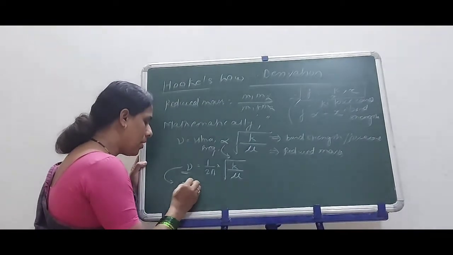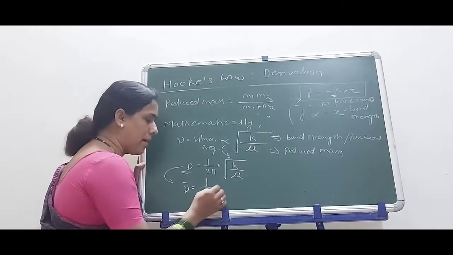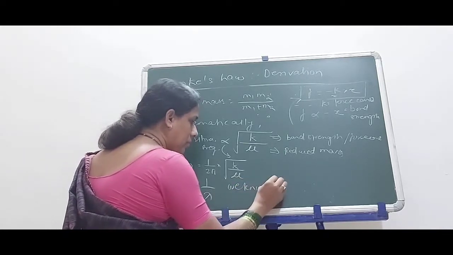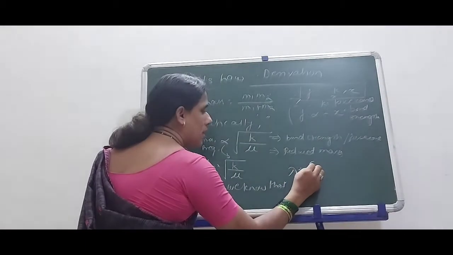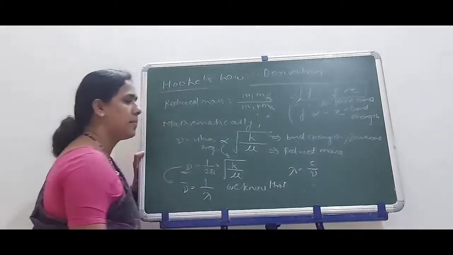We have to express this vibrational frequency in terms of a wave number. Therefore, wave number is equal to frequency, that is equal to 1 upon lambda, and we know that lambda is equal to C upon nu.